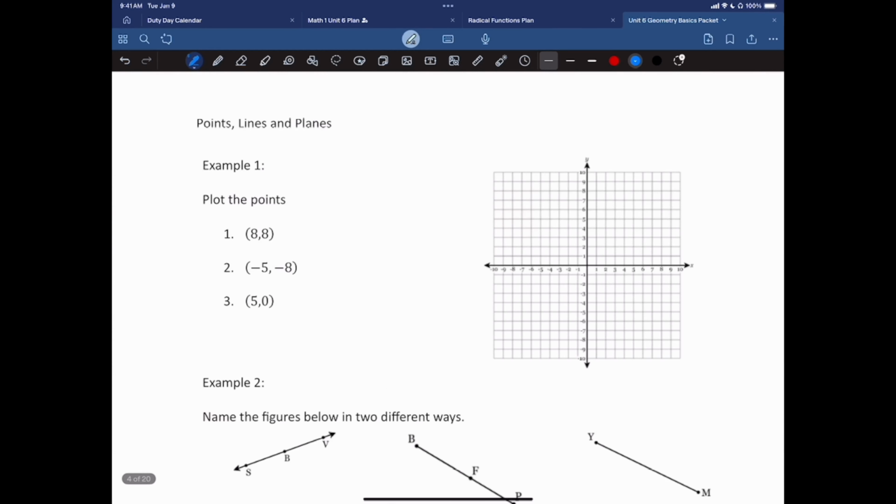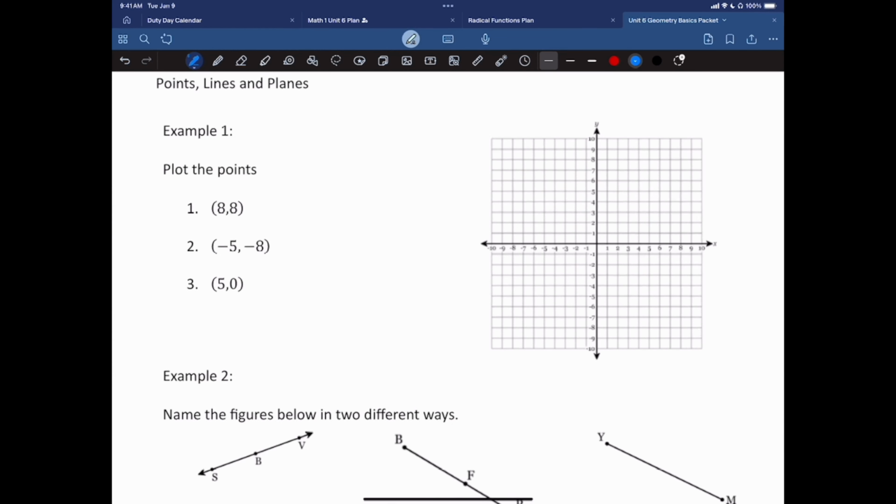Okay, so let's go to example 1. We're going to start by just graphing points. Keep it simple, right? So we have the point (8, 8). That means we go to the right 1, 2, 3, 4, 5, 6, 7, 8, and we're going to go up 8. We'll go ahead and label this point (8, 8), and that's in quadrant 1. We have the point (-5, -8).